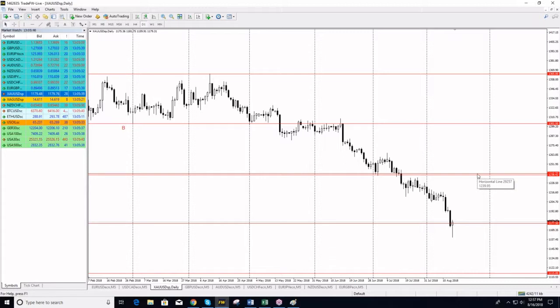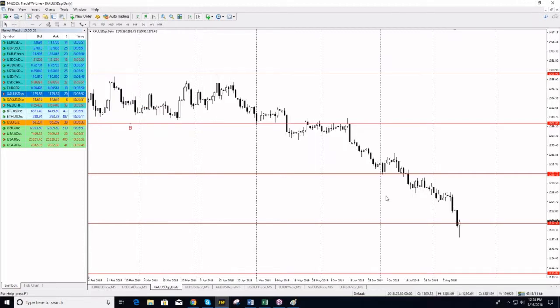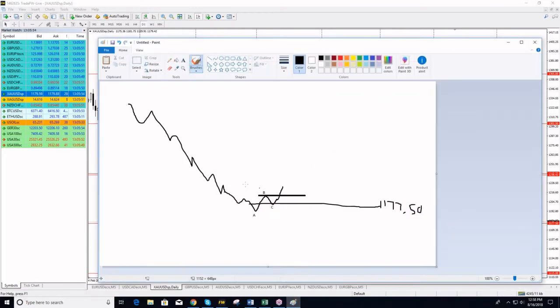Okay, now if you see a weekly close now below that level, then forget about it. We're going further down, and that's not the end of wave 3. So in order to verify if wave 3 has ended there, you need to wait on the daily chart and see a failure swing to the upside.